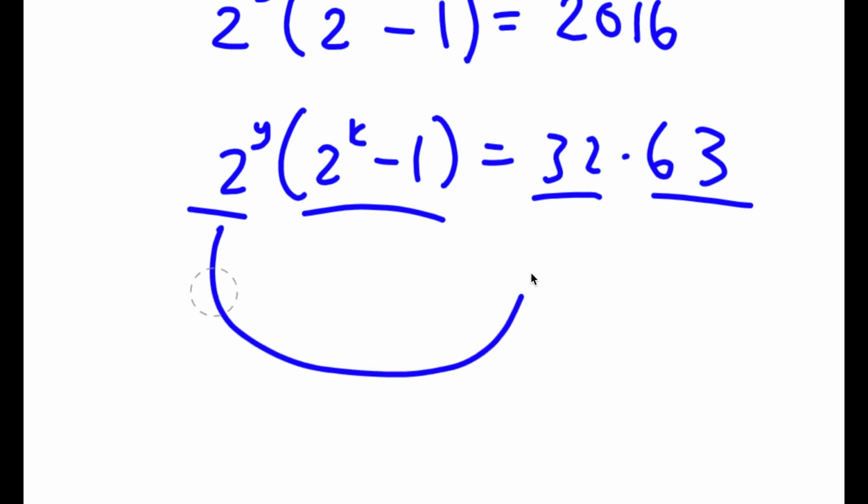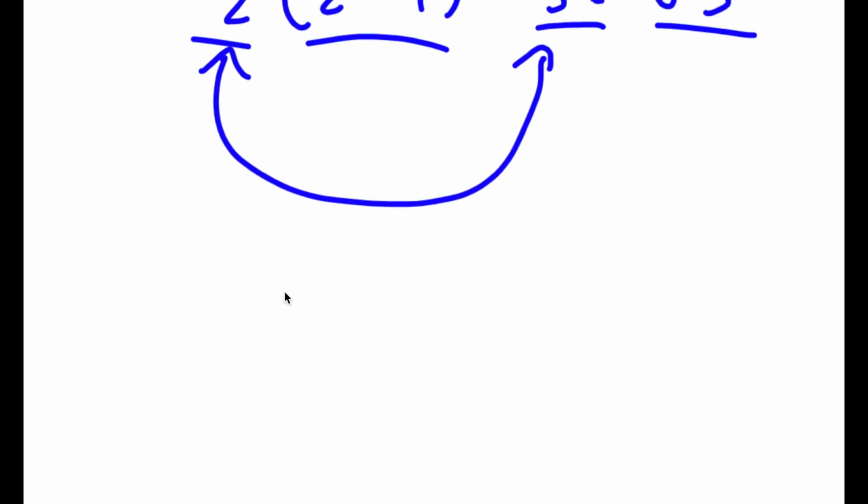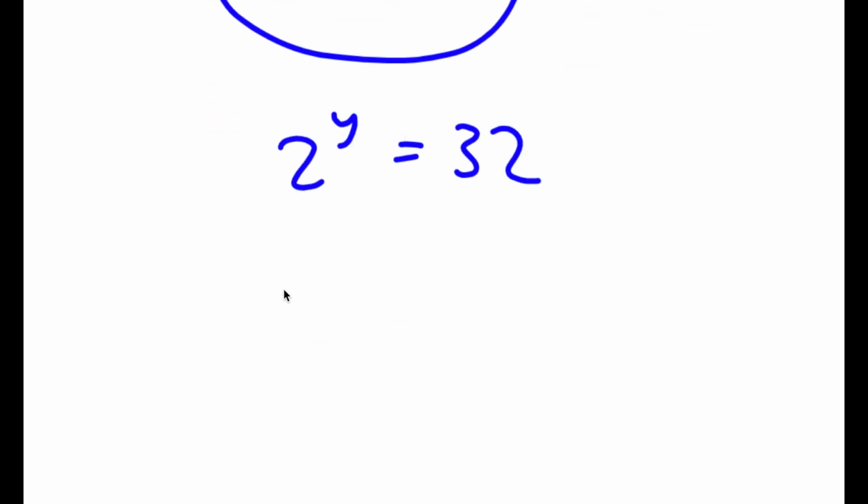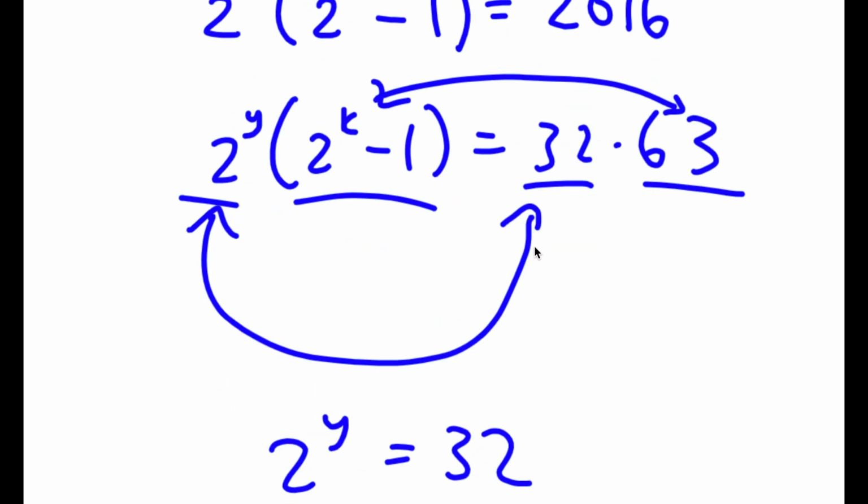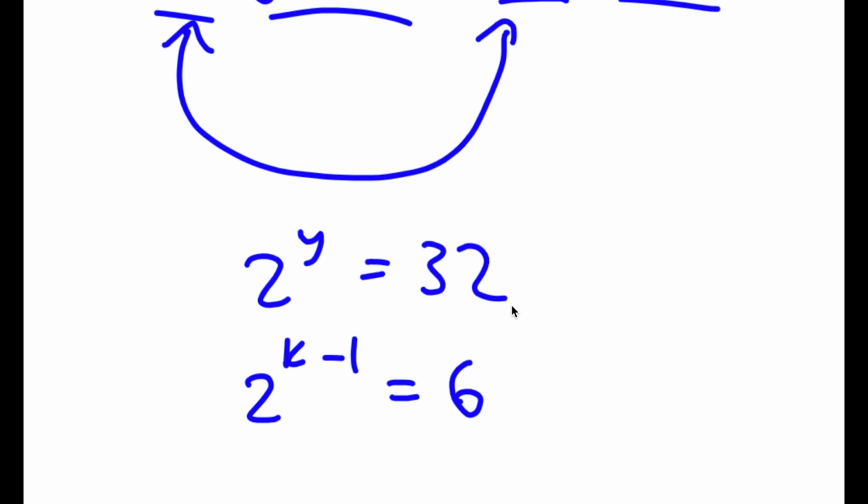So, meaning these two are equal to each other, and these two are equal to each other. So I have 2 to the power of y is equal to 32, and 2 to the power of k minus 1 is equal to 63.